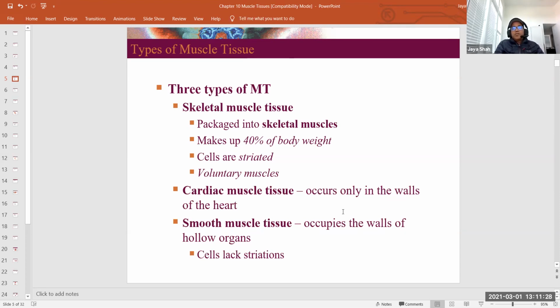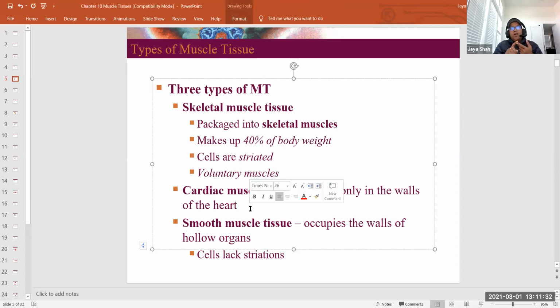Cardiac muscle occurs only in the walls of the heart, particularly in the walls of the atria and ventricles. This muscle is the middle wall of the atria and ventricles. The outer wall of the atria and ventricles is connective tissue, the inner wall is epithelial tissue, and the middle wall is cardiac muscle.